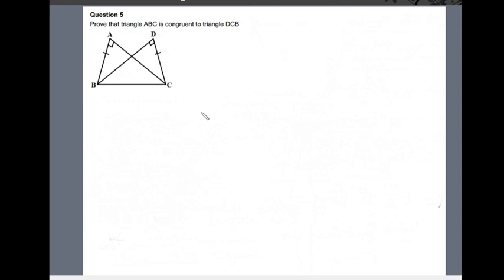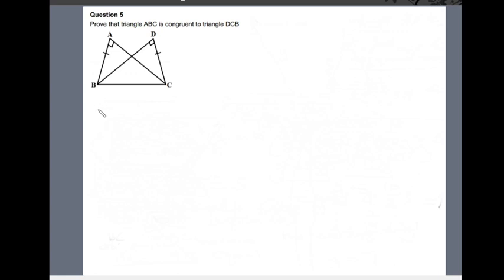So we need to prove that they are exactly the same. So to prove that triangle ABC is congruent to triangle DCB, we need to show that these two triangles are exactly the same, right?